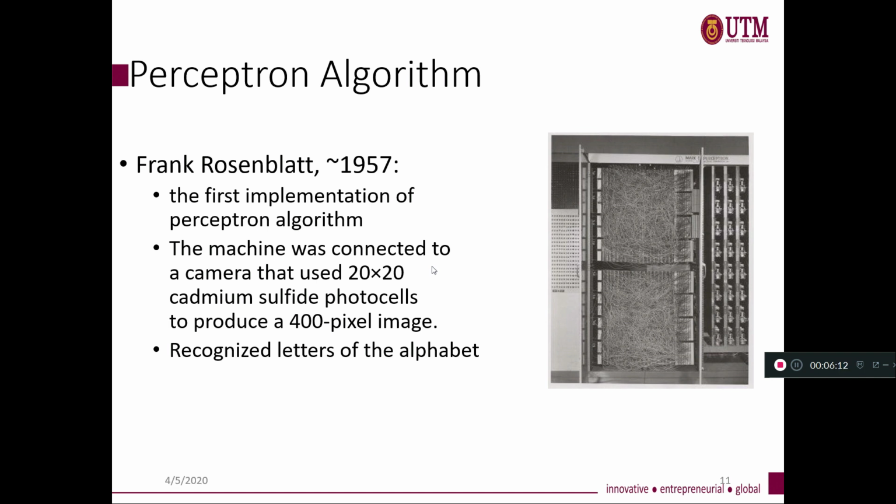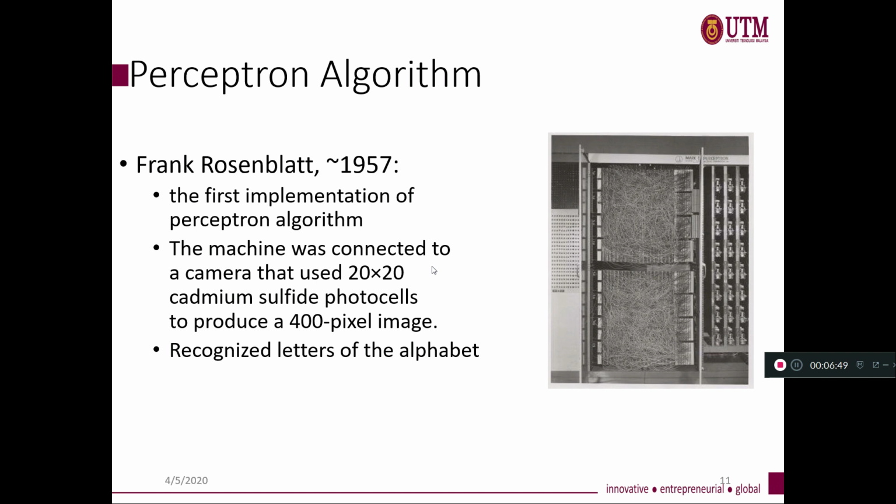Given a 20 times 20 image representing your alphabet letter A, B, C until Z, they tried to develop an AI, machine learning or ANN way to do it.